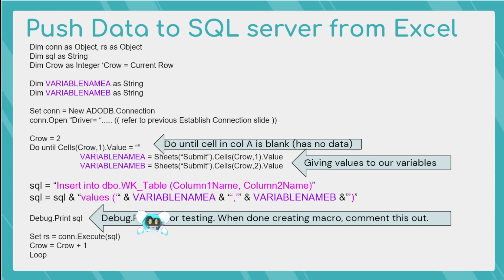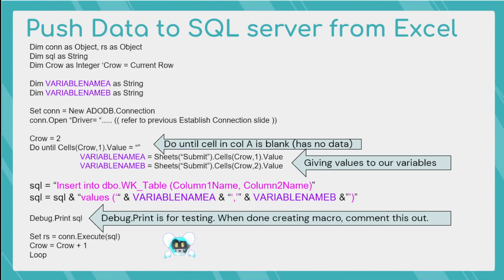So we are now going to put in our variable names. And whenever you need to put in a variable, use the quotation marks ampersand at the front, and then to close it off, ampersand quotation marks, and continue as if you were writing the query in SQL Server, so still using the apostrophes, comma, etc. After you have your SQL script written, while you're writing your project, do debug.print SQL.